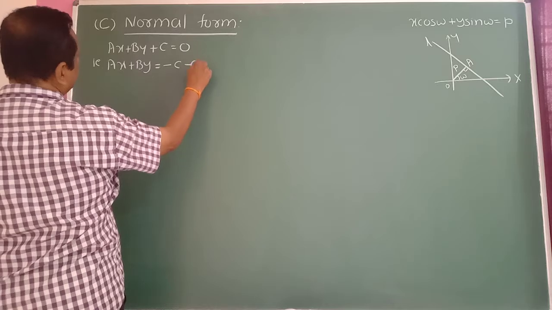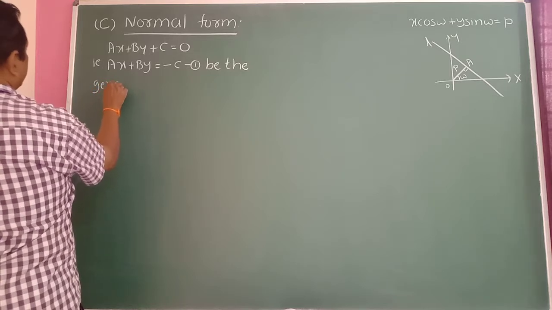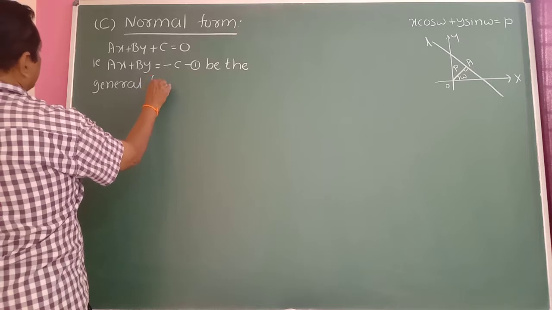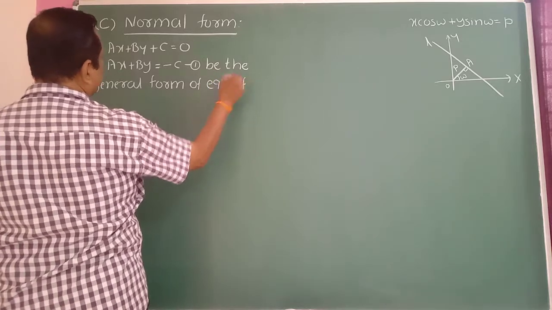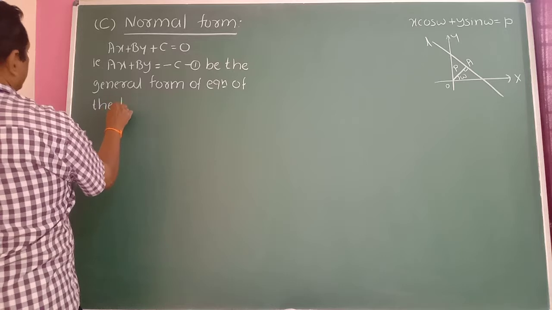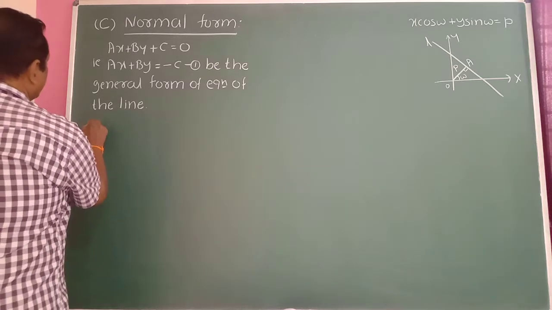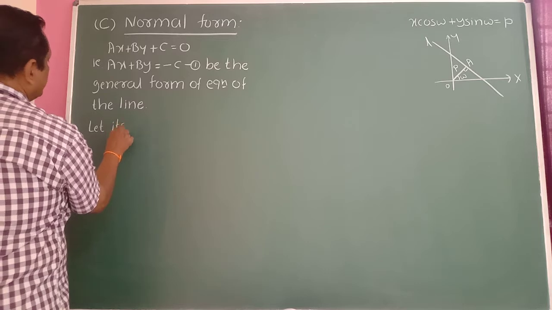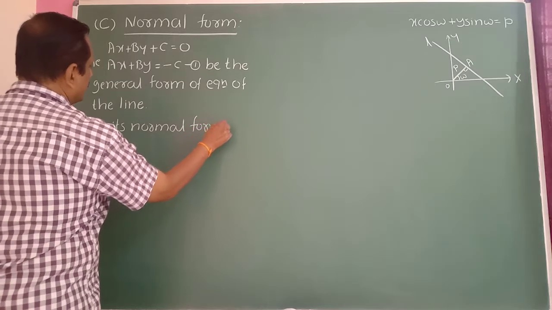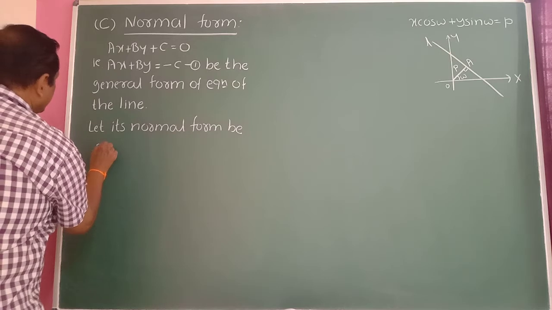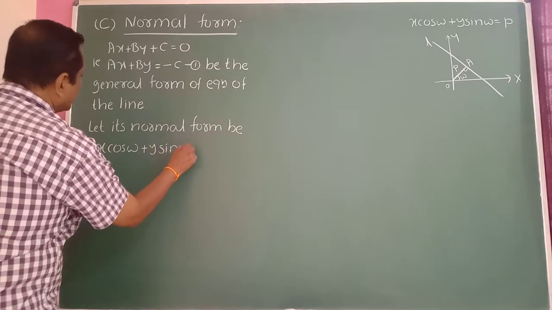Take this one as equation number 1, the general form of the equation of the line. Let its normal form be x into cos omega plus y into sin omega is equal to p.